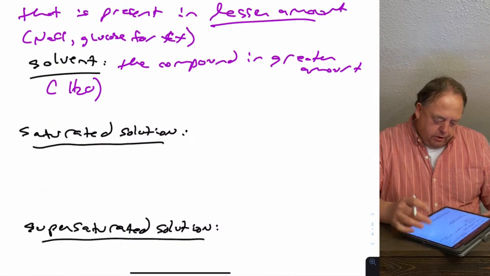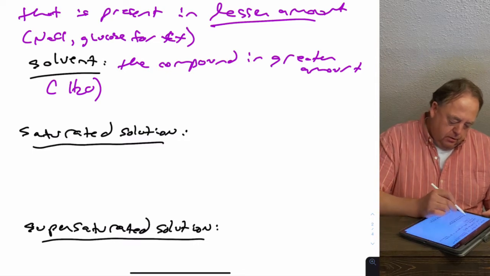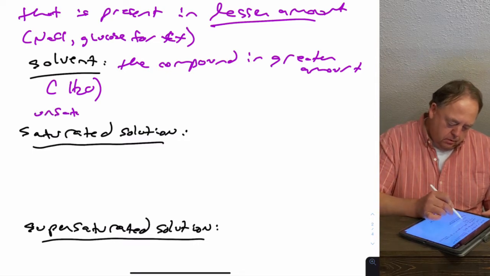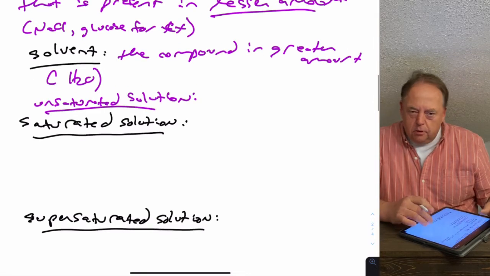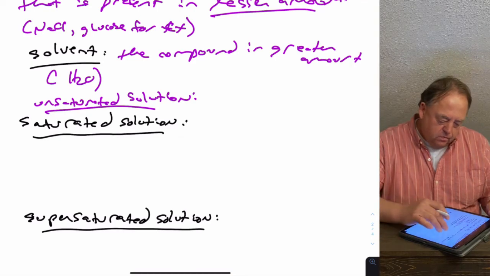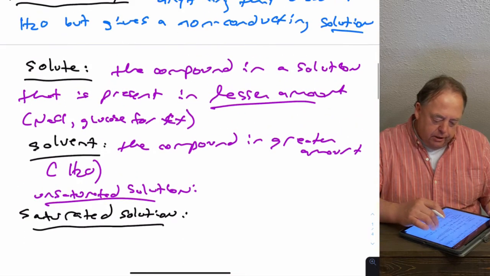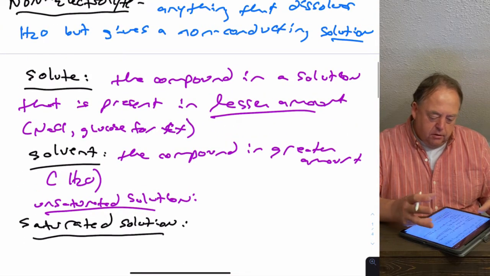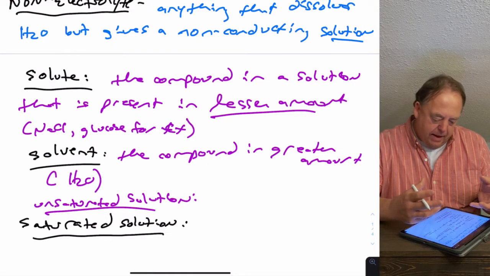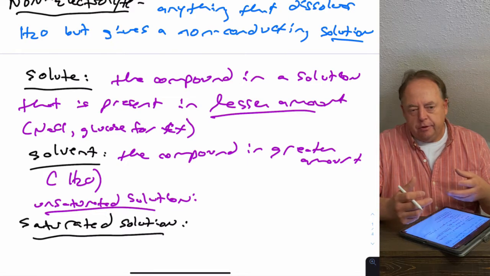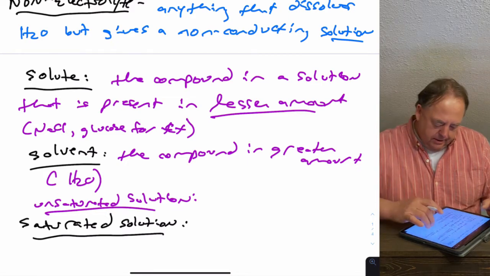Okay, so you can have an unsaturated solution, or a saturated solution, or a supersaturated solution. An unsaturated solution just means that the solvent doesn't contain the maximum amount of solute that it could. It could dissolve more still.